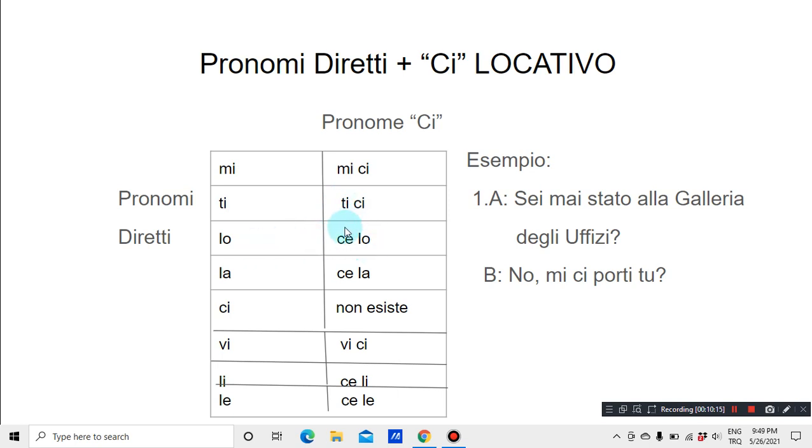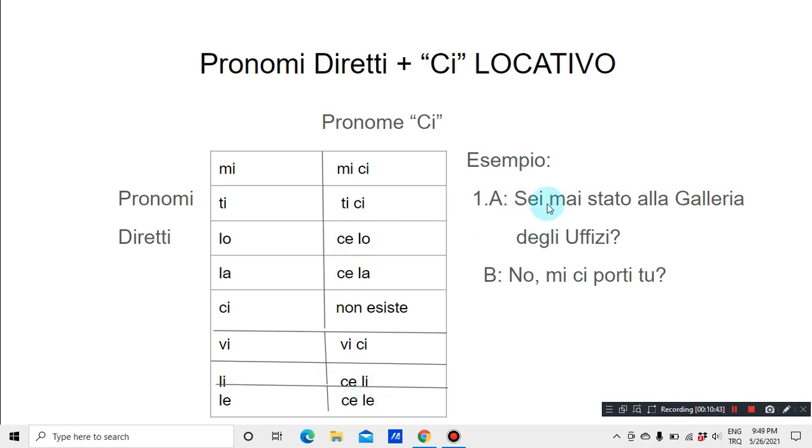Here it changes place. Ce l'ho, ce l'ha. With ci, non esiste. There, it doesn't exist. Vi ci, ce li. Here again, it changes place. So ce and ci becomes ce and precedes direct object pronoun li, le, lo, and la. Ce li, ce le.